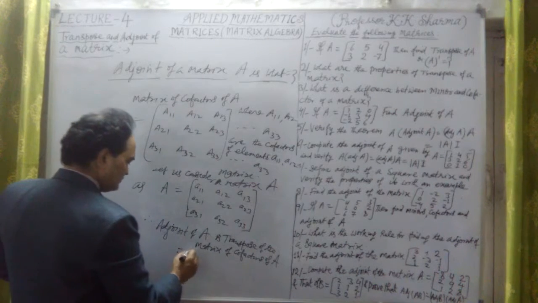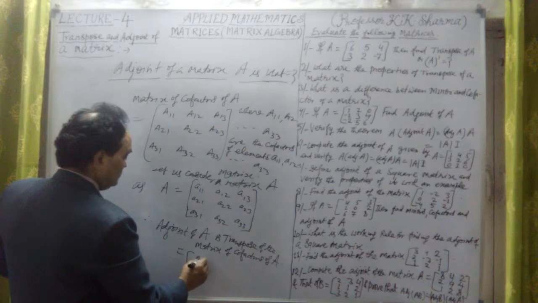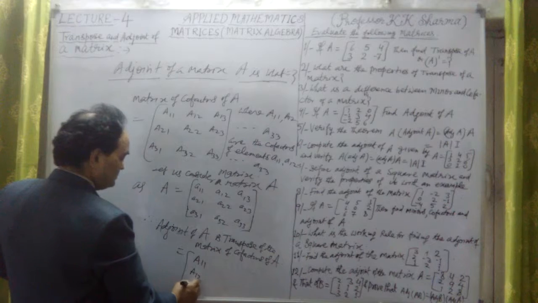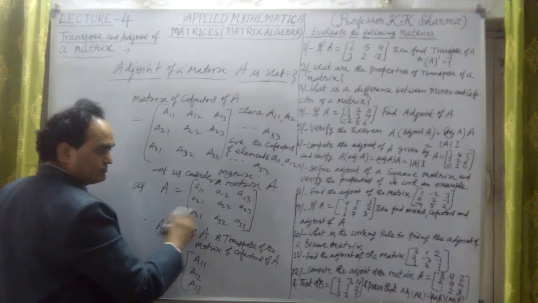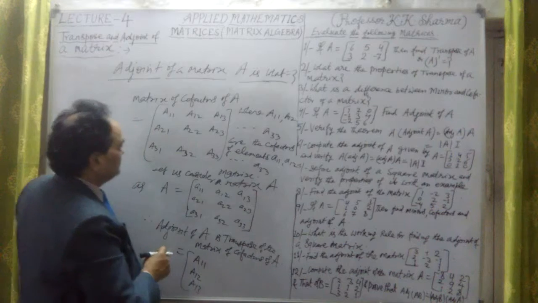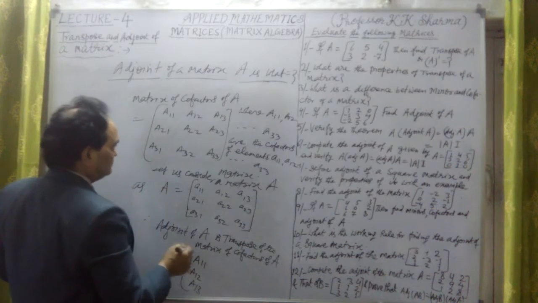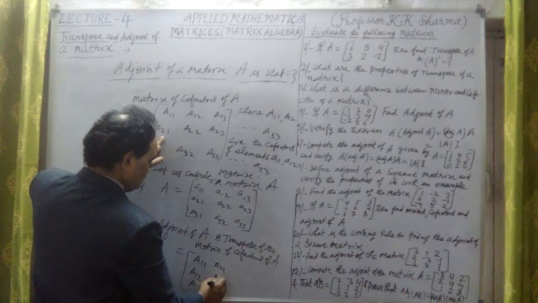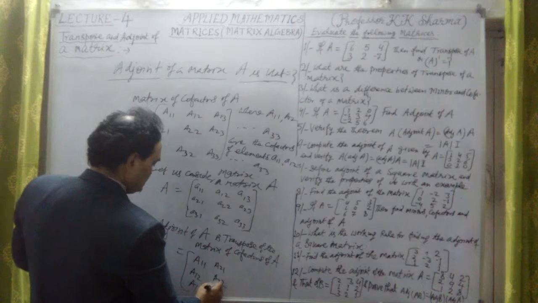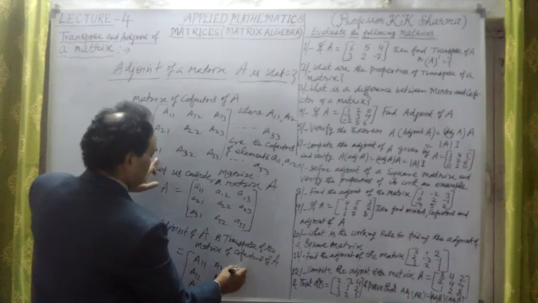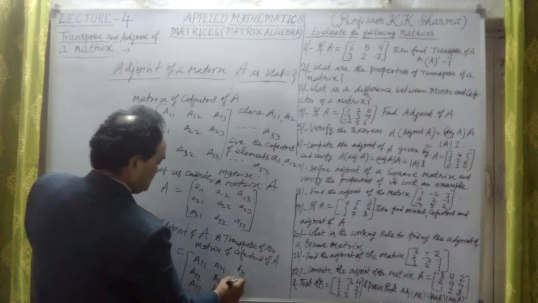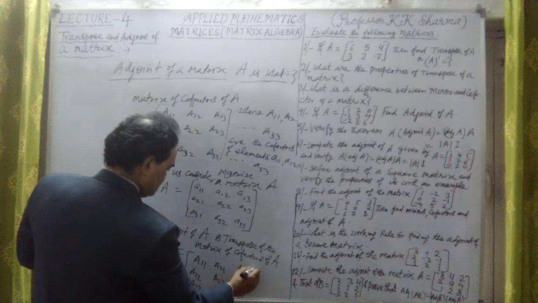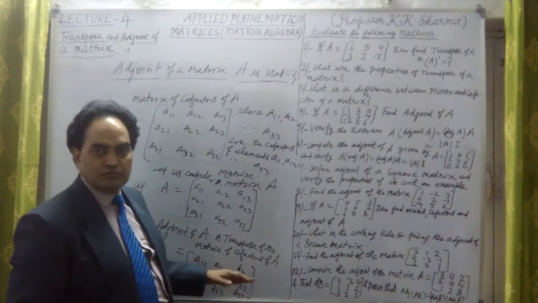So the adjoint will be A11, A12, A13 placed in the first column, interchanging rows into columns. Then A21, A22, A23, and A31, A32, A33. So this is the adjoint of the given matrix.